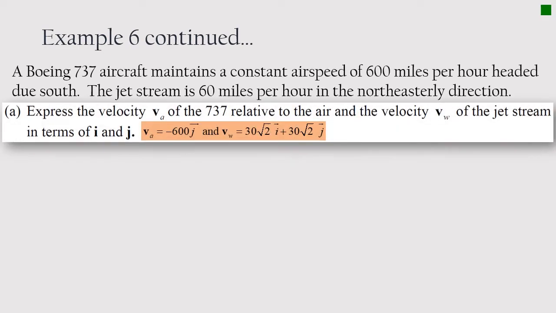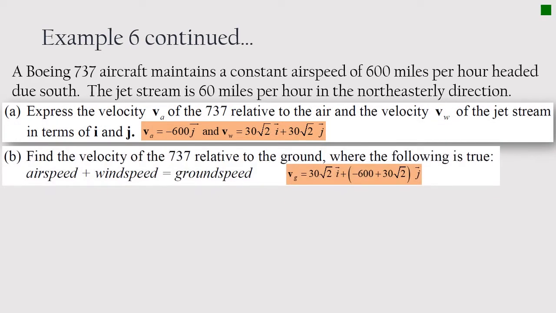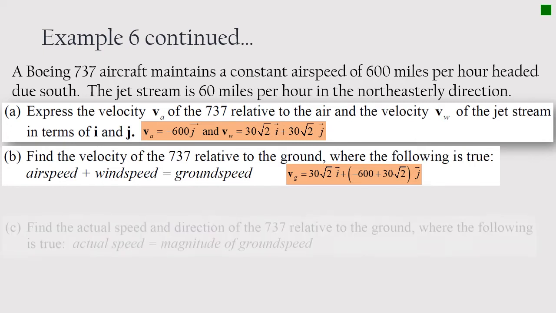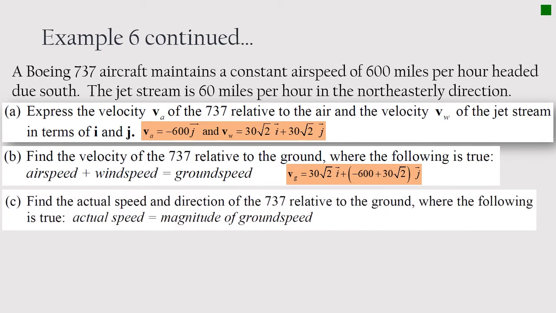So now we've got A, we've got B. We have the velocity for the airspeed, the velocity for the wind, and now we have the velocity for the ground. Now if we wanted to find the actual speed and direction of the 737 relative to the ground, the actual speed is equal to the magnitude of the ground speed.